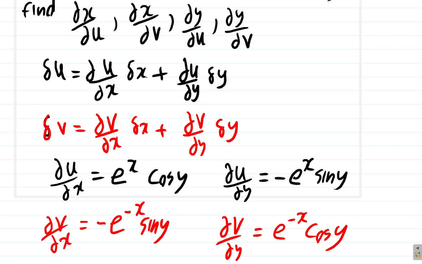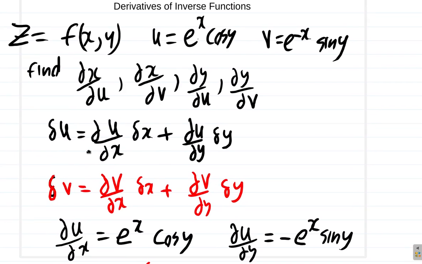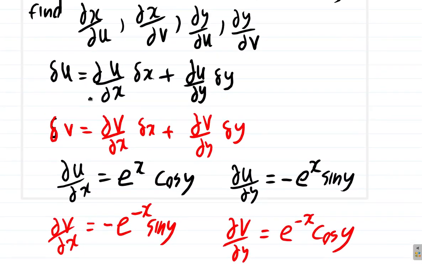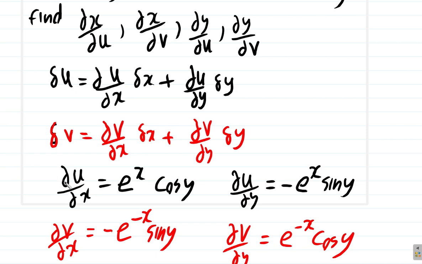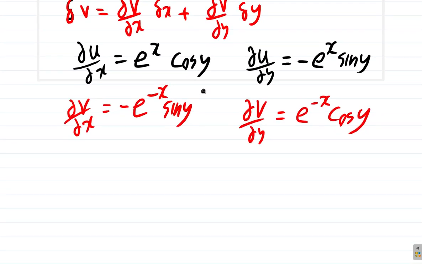Here, notice you have del u by del x. You're supposed to find del x by del u. Here you have del u by del y, but you're supposed to find del y by del u, right? And here you have del v by del y, but you're supposed to find del y by del v. So that's why you say it is inverse. So let's look at how this one is going to go.